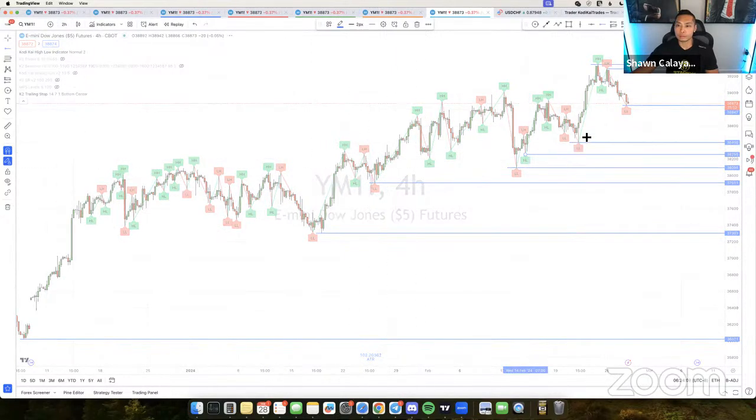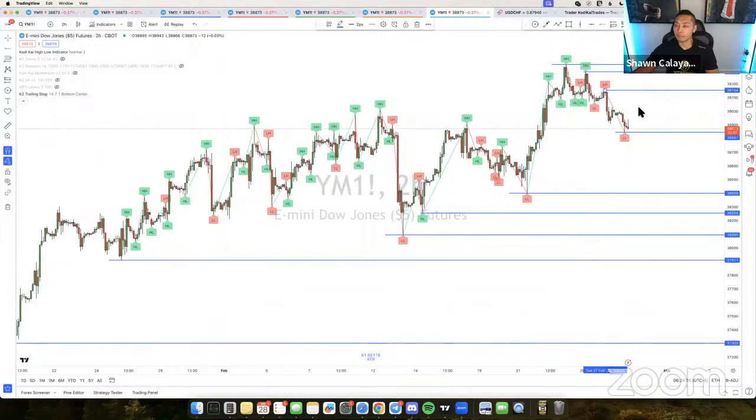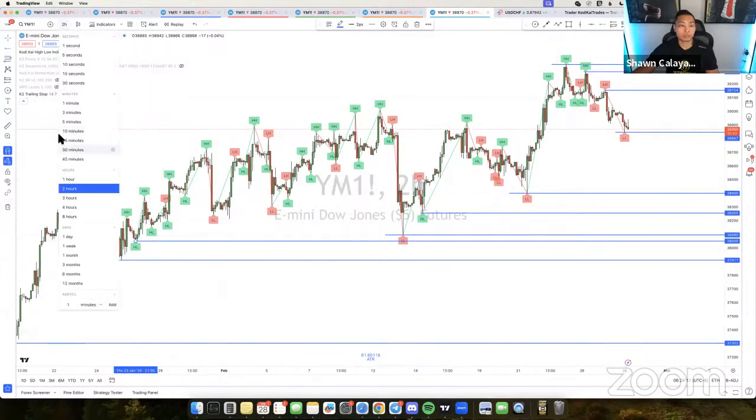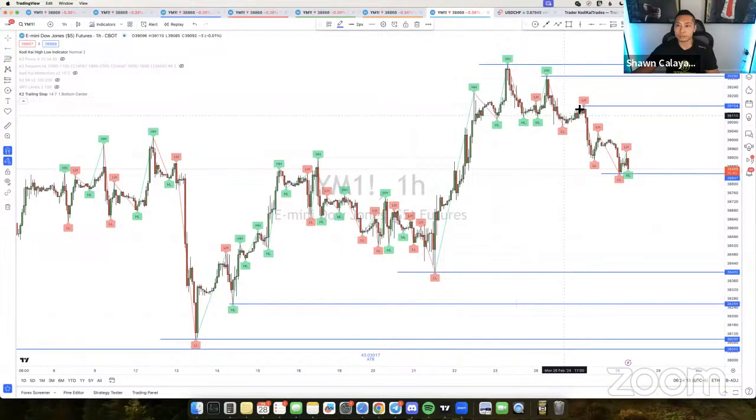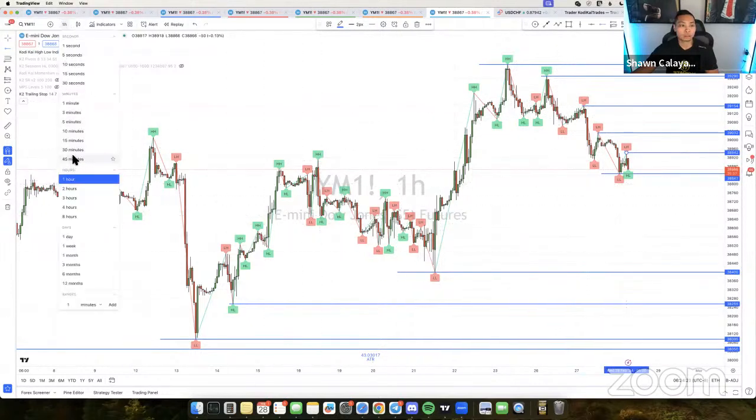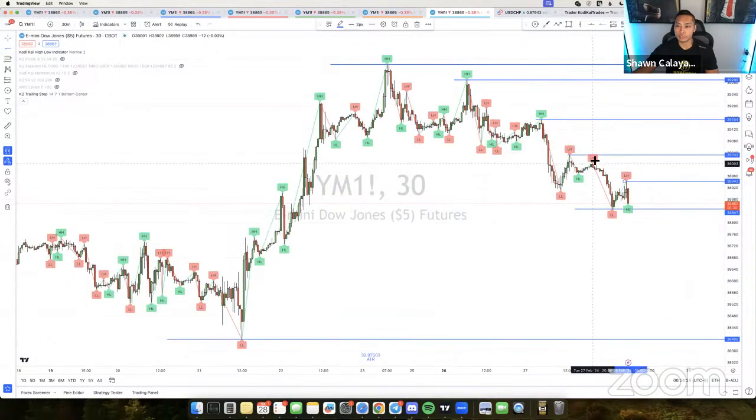On down to the 2-hour chart. Going down to the 1-hour chart. Going down to the 30-minute chart. We'll change this color to red.